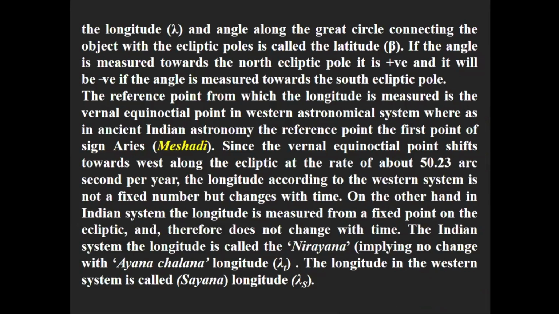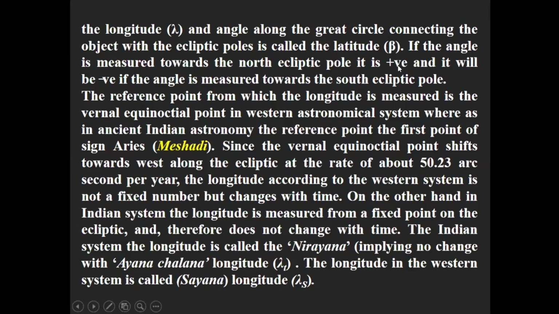So this is what I have written here: the first point of the sign Aries, that is Meshadi, is our reference point, and that gives the Nirayana longitude, and the Western system is Sayana, because it takes care of the precession or the shift of the equinoctial point. The symbol used for longitude is lambda, and it is always measured towards the east, and latitude is represented by the Greek symbol beta.